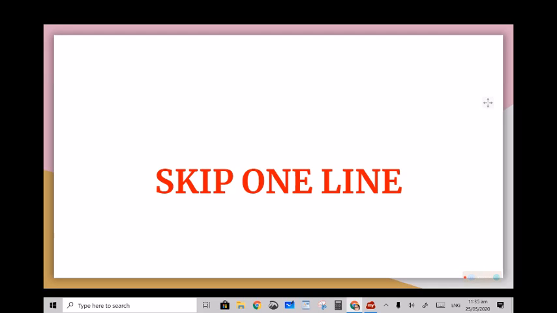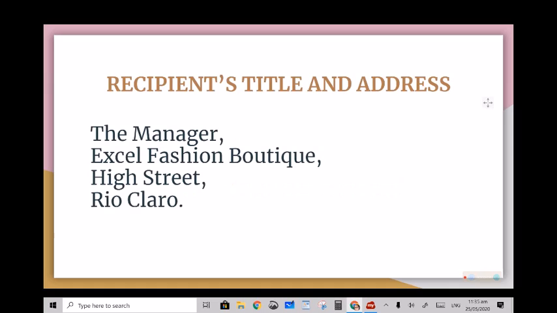In this method, we mentioned the block style. It means that your letter should be very uniform. It should be done in a particular way that is noticeable, that is very neat, and each aspect should be easily identifiable. So after your date, you skip one line.